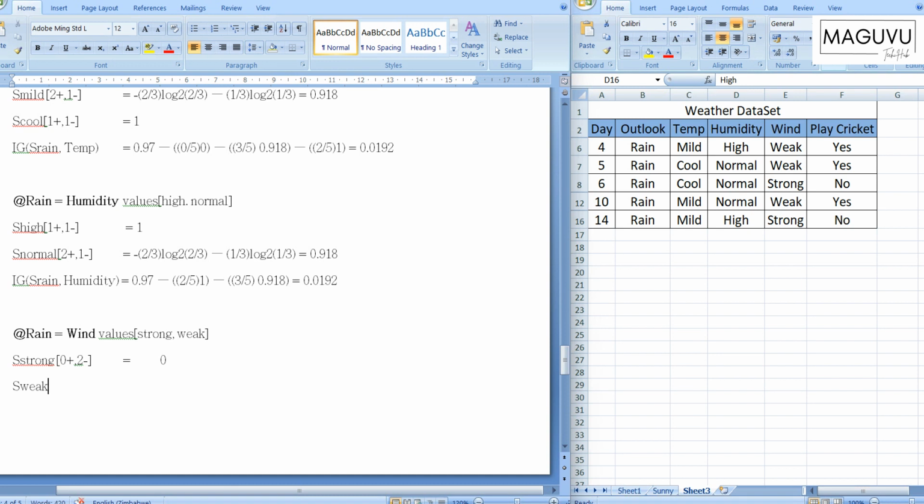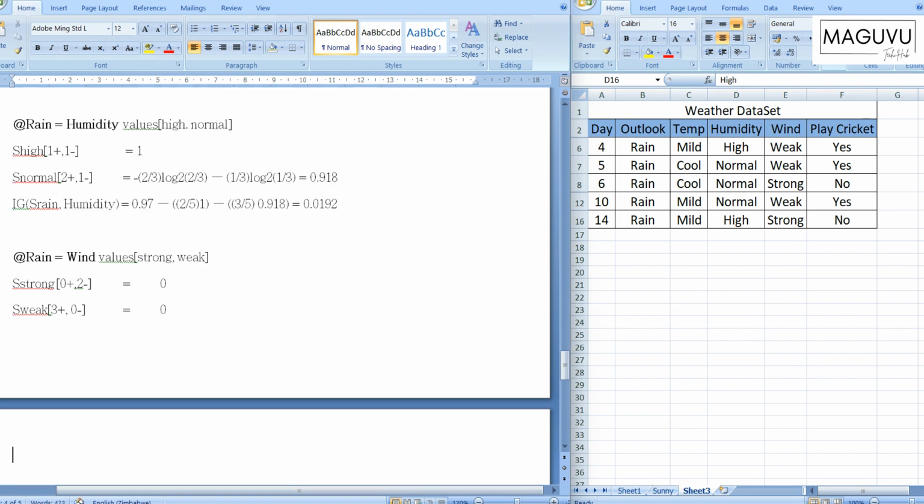With the calculations for the weak, we have got 3, and on all of those conditions cricket was played, which becomes 3 positive and 0 negative, and therefore the entropy is also 0. There's no need for us to calculate.